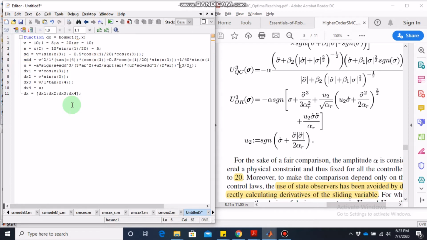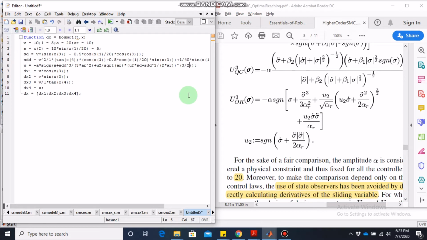So this whole thing is in the bracket, and it's raised to the power 3 by 2 in the code as it is in this equation.